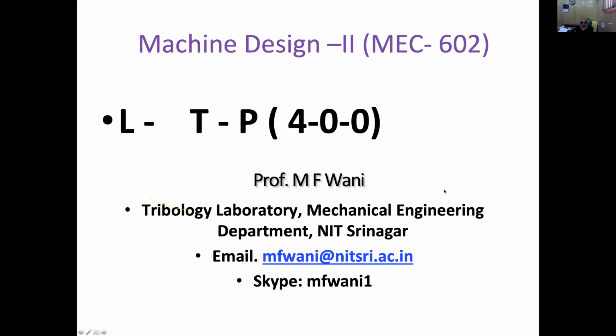So this is Machine Design Second, MEC 602. This course is the second course of machine design. Already you have gone through the first course of machine design in the 5th semester, and this course, machine design second, starts in the 6th semester.